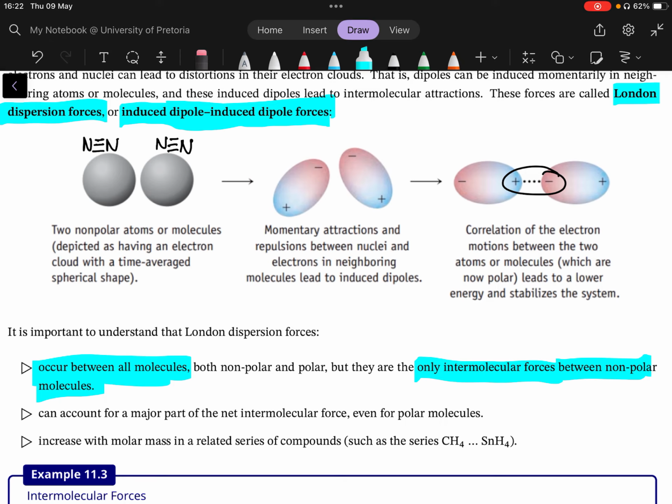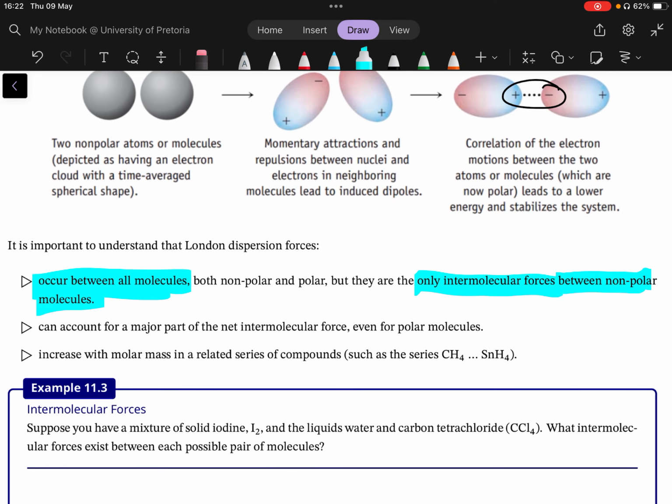So they will have an additional force, and that's why they have higher boiling points than their non-polar counterparts. Okay. As always, with all these intermolecular forces, they increase with molar mass. So, for example, if you go from carbon to tin, you'll see that tin hydride has the highest boiling point and methane has the lowest boiling point. That's why tin hydride is solid, and methane is a gas.